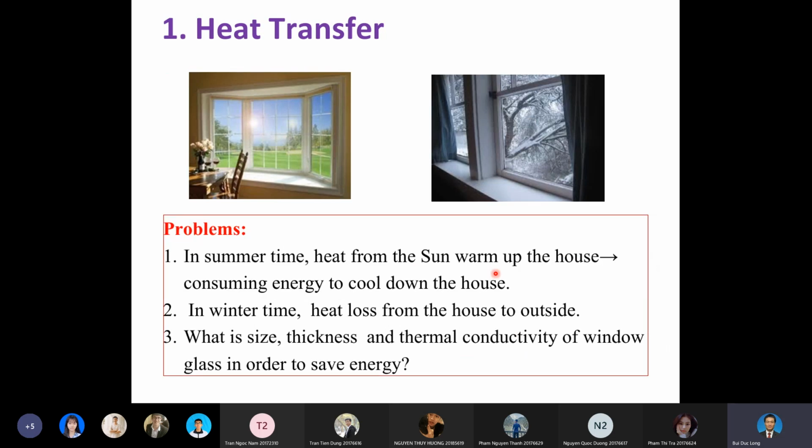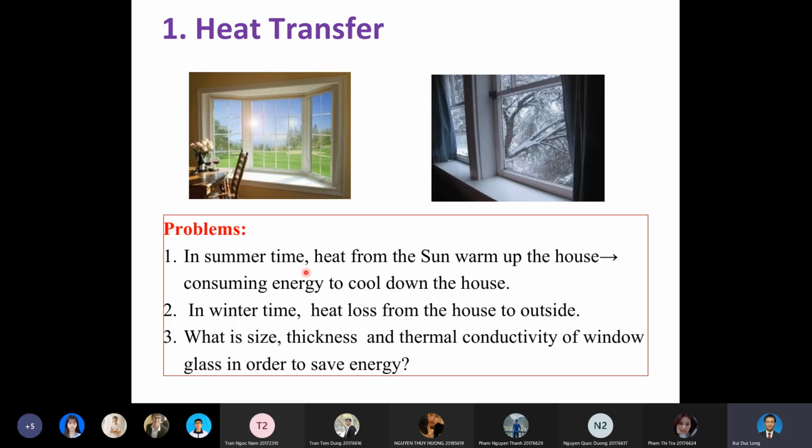And also a very interesting example here. You have a very nice window. In the summer you want to have a very large window so you can see a very nice landscape outside, right?